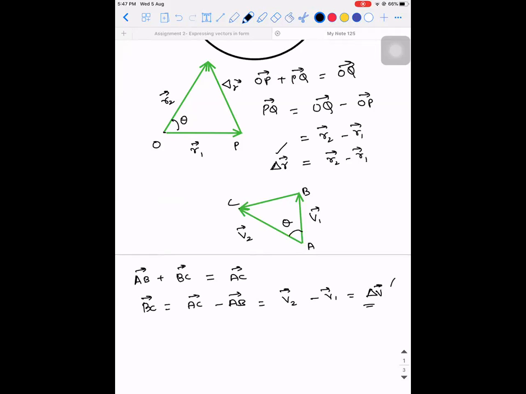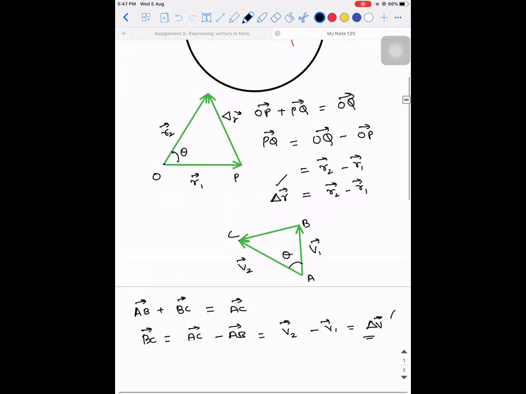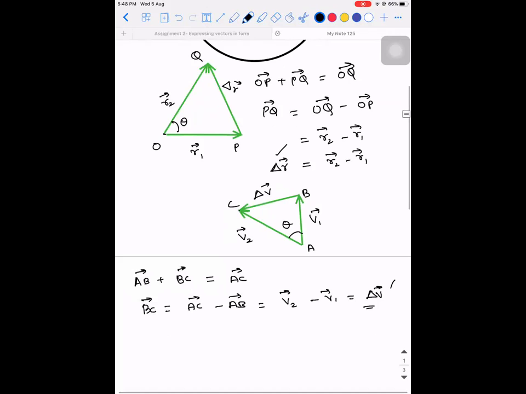Now tell me what is the relation between triangle OPQ and triangle ABC in terms of similarity? They have the same angle, theta. So which two triangles will be similar? Triangle OPQ is similar to triangle ABC.